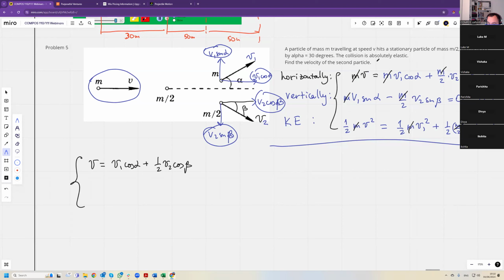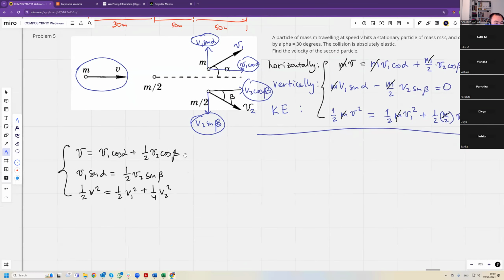So just copied this equation. So v1 sine alpha equals 1/2 v2 sine beta. And finally, 1/2 v squared equals 1/2 v1 squared plus 1/4 v2 squared.